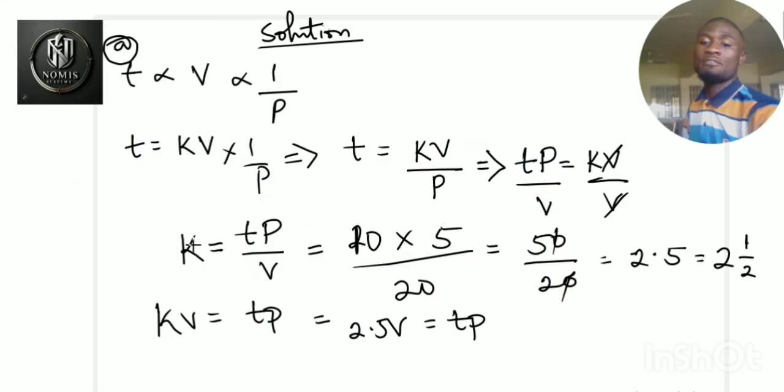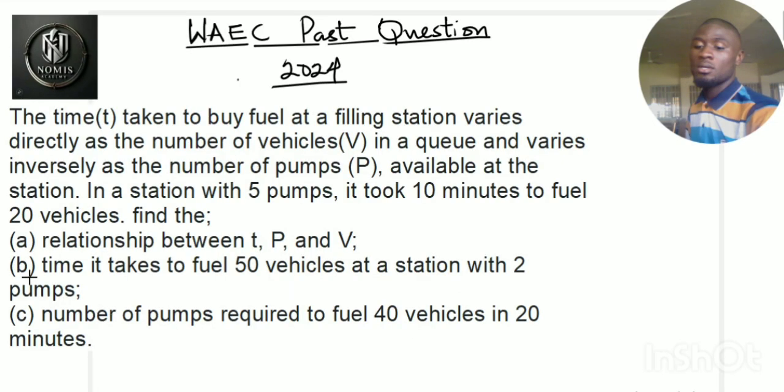So we have gotten our formula, which is 2.5V equals TP. Then to find the value of T, in the case of question B, we are going to make T the subject of the formula. So now that we know that 2.5V is equal to TP, remember this P is a capital letter.